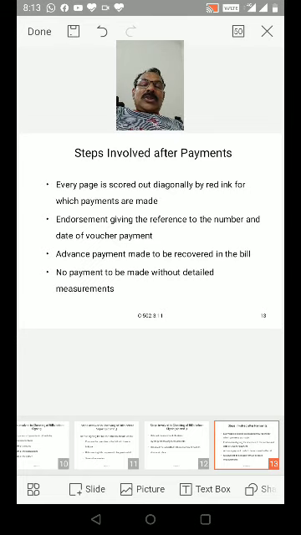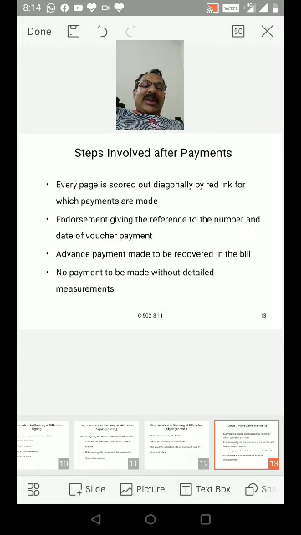Every page is scored out diagonally, from one corner to the opposite corner, by red ink, for which payments are made. Just make a line; only red ink can be used.